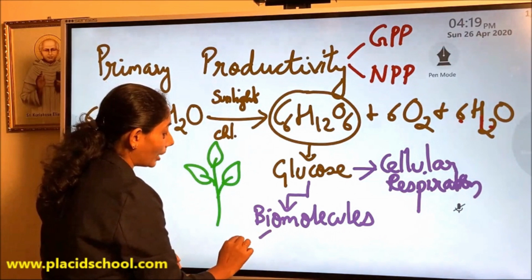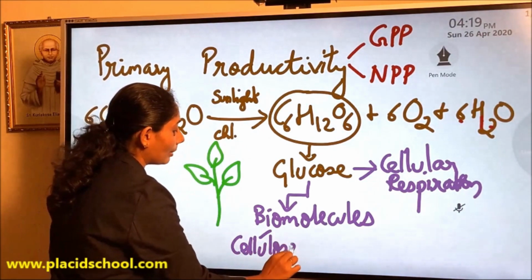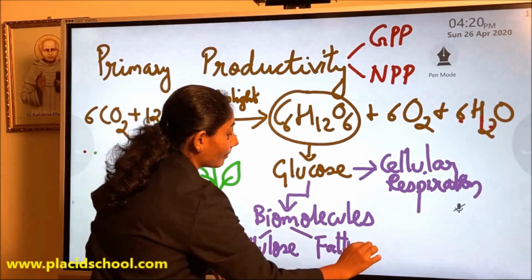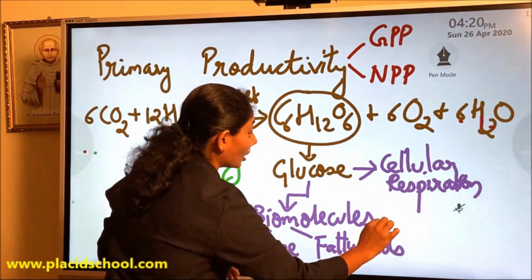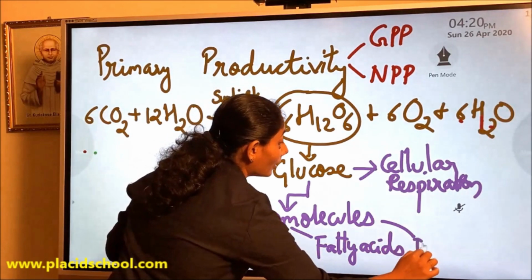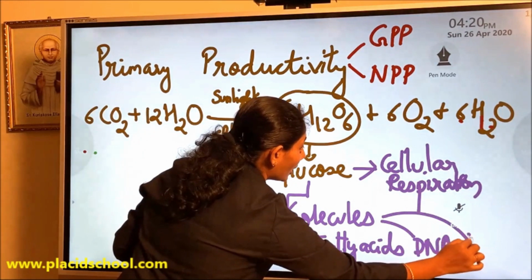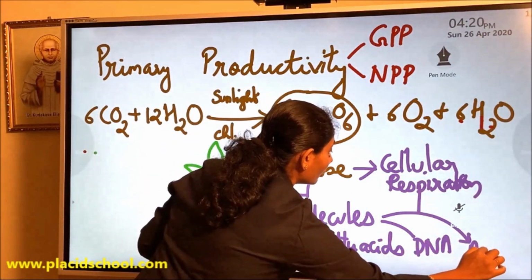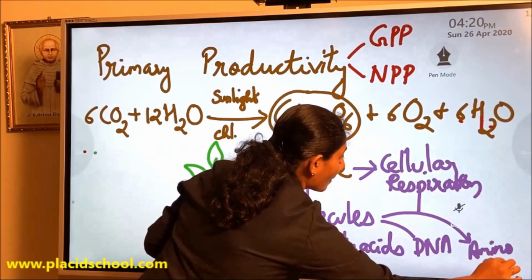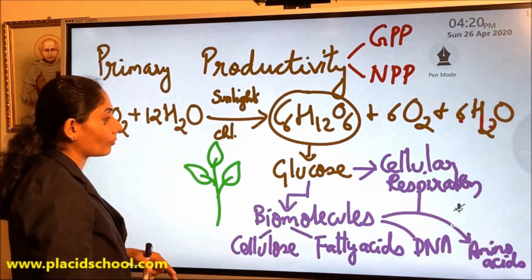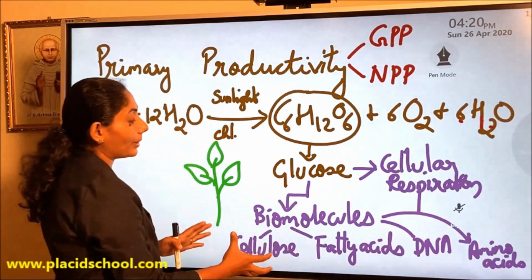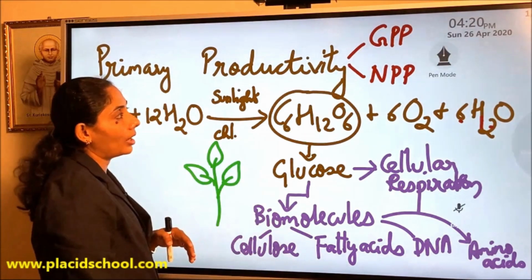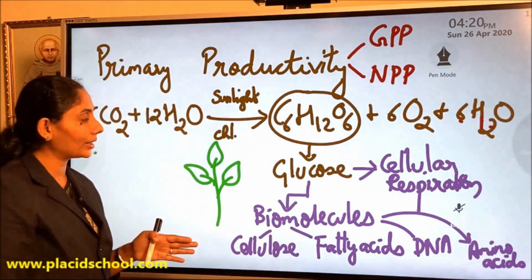Like it will be involved in forming cellulose, fatty acids, DNA, and amino acids. So this is the amount that it will be able to retain within itself after cellular respiration, and that is what is referred to as net primary productivity. I hope that is clear.